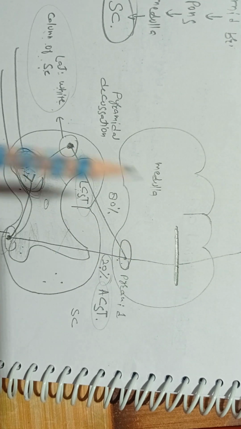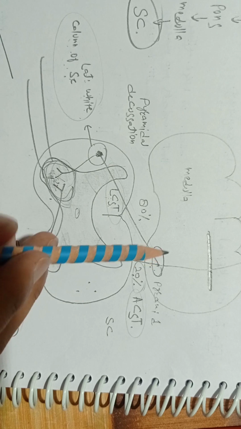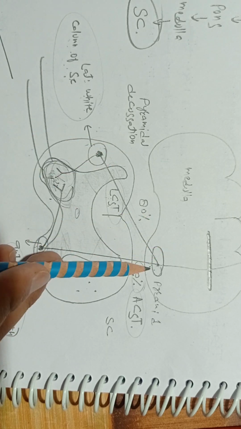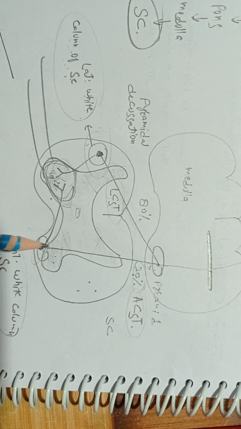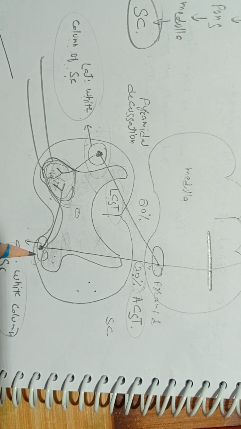The lesion is above the pyramidal decussation, so weakness will be on the opposite side, because the fibers go to the opposite side.